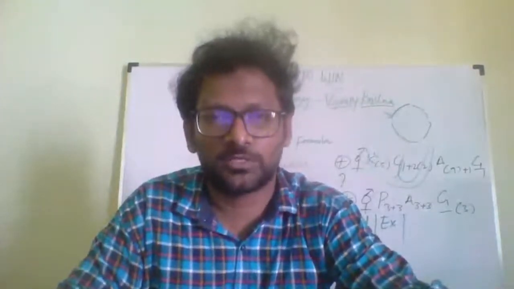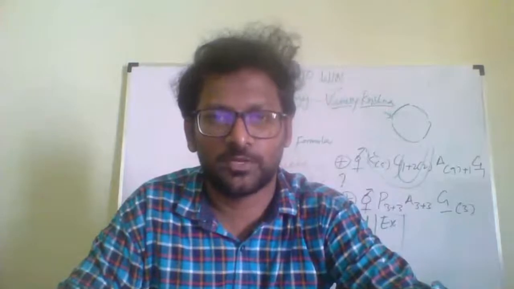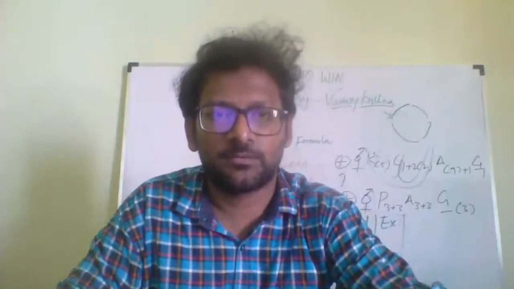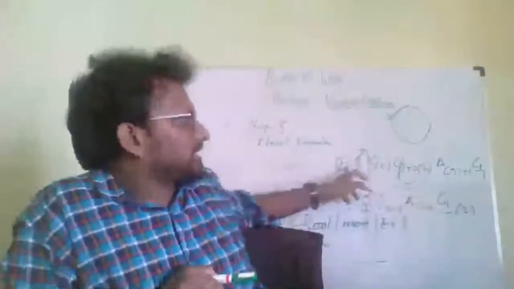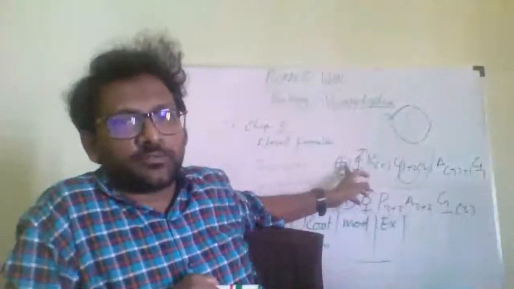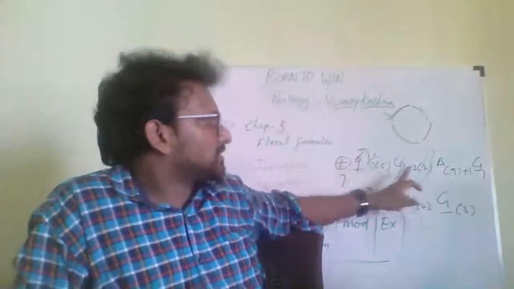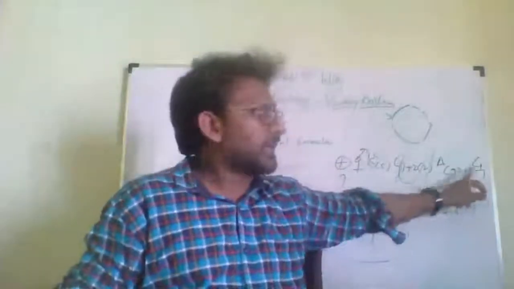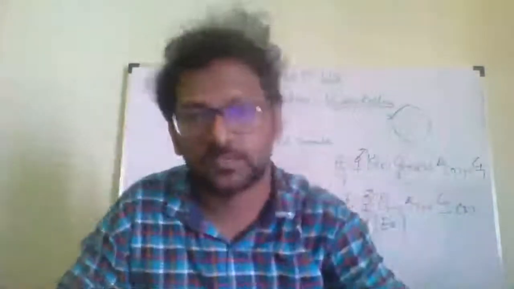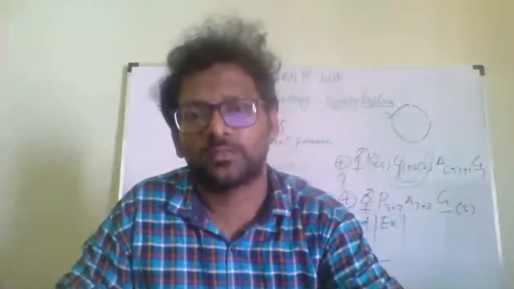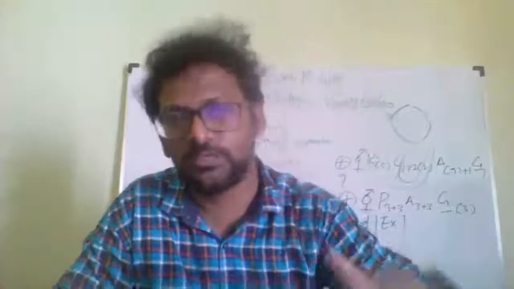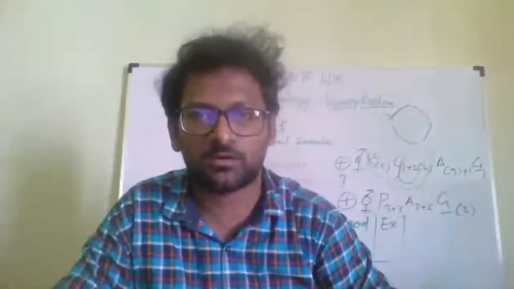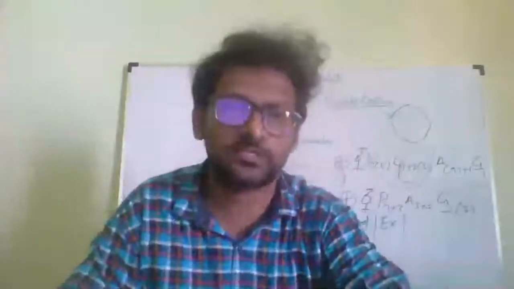So when we talk about this floral formula, the terminology, for example, here we are saying this is actinomorphic type of arrangement, right? So this is gynoecium, androecium, how they are present, right? Whether they are fused, or whether they are inferior or superior or semi inferior, those are the things.